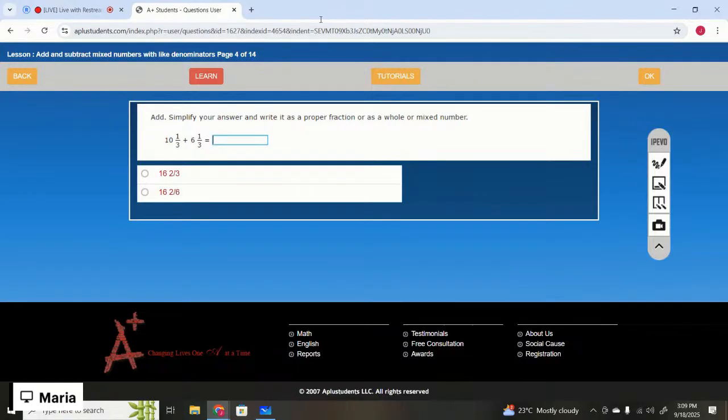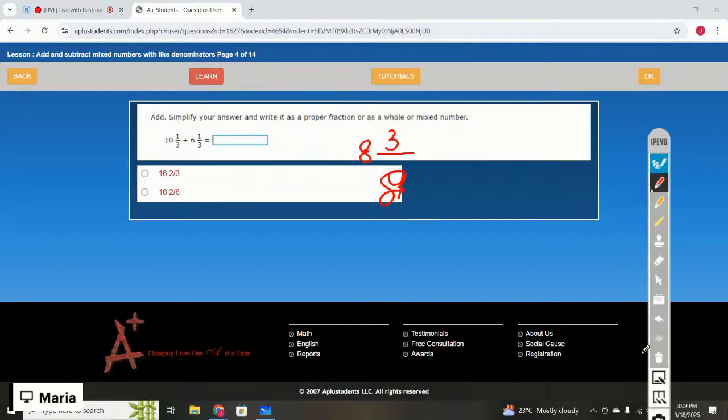Ten whole 1 by 3 plus 6 whole 1 by 3. So just add the whole numbers first. 10 plus 6 makes 16. Now add the numerators. 1 plus 1 makes 2.